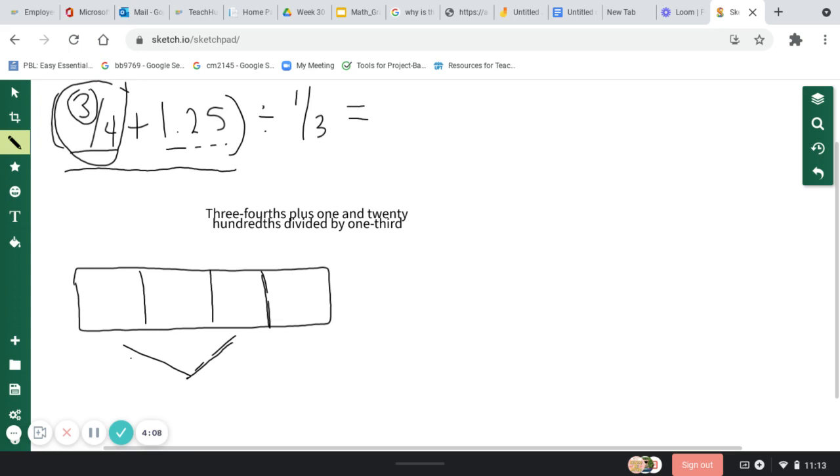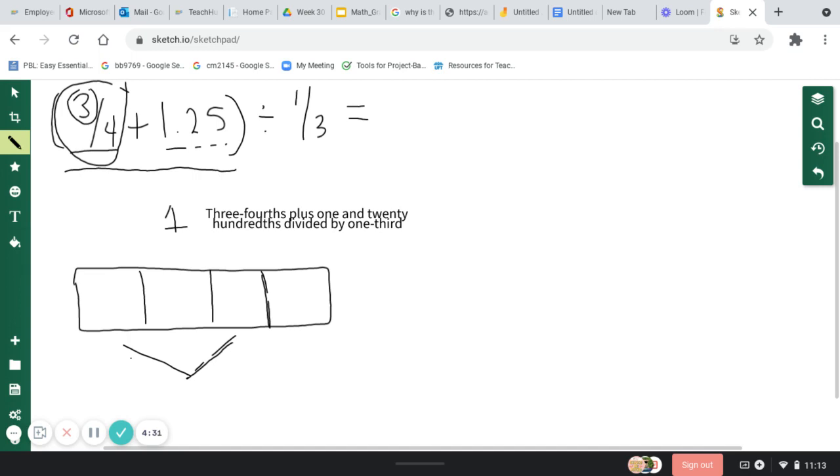But remember, we need to see how much it's equal to in a decimal number. So if I have 1 whole and I divide it into 4 parts, what decimal numbers are going to represent these 4 equal parts?